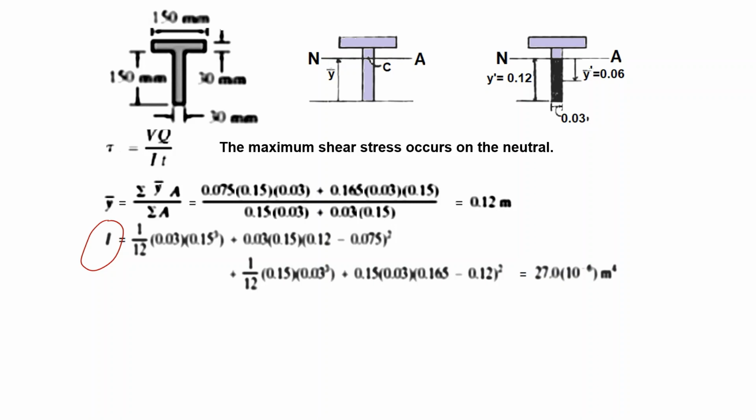Next step is to calculate the I value. Here again, I have to calculate the I value according to the neutral axis.